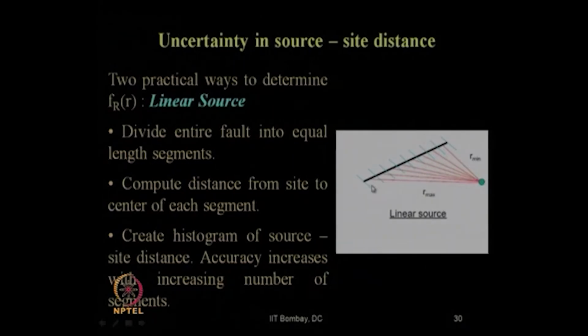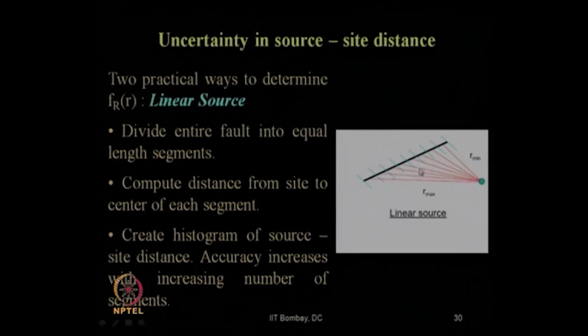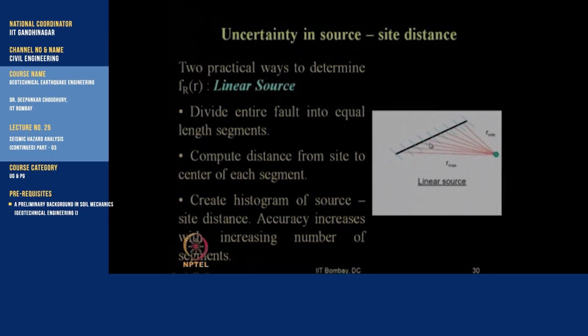Once you get that, next create the histogram of the source to site distance, using those weightage factors, Li by L. Accuracy increases with an increasing number of segments, which is quite obvious. If you divide it into more segments, you will get more refined, better results.